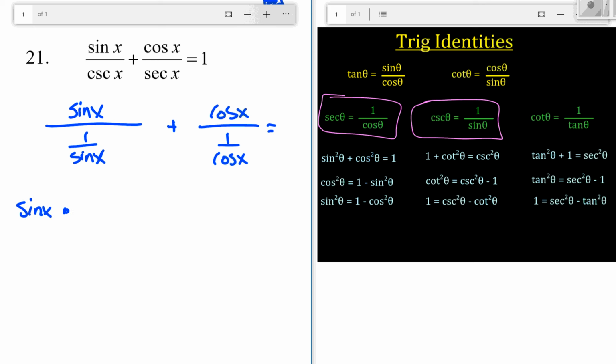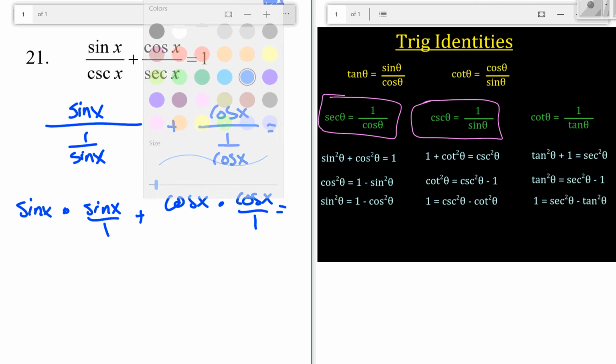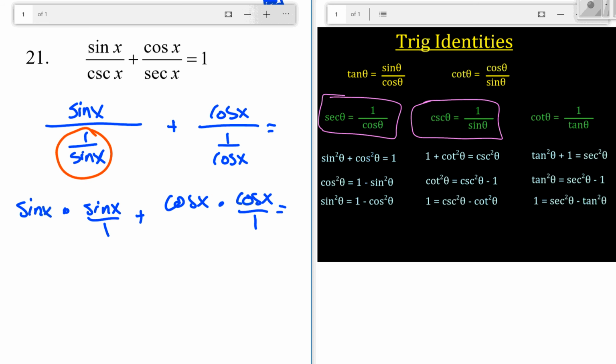So this becomes sine x times sine x over 1 plus cosine x times cosine x over 1. All I did was multiply by the reciprocal of the bottom, and that's where those two fractions came from.